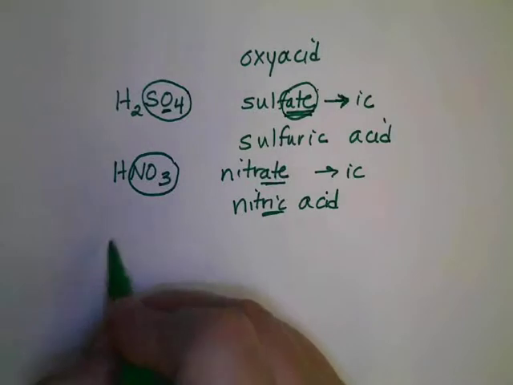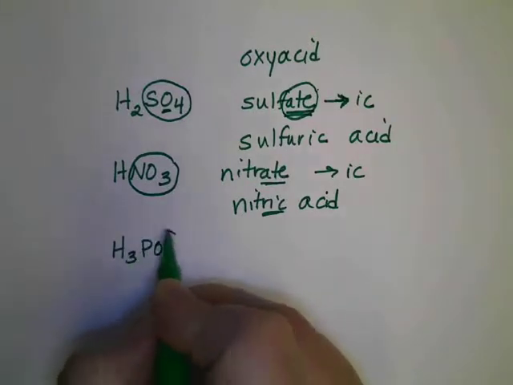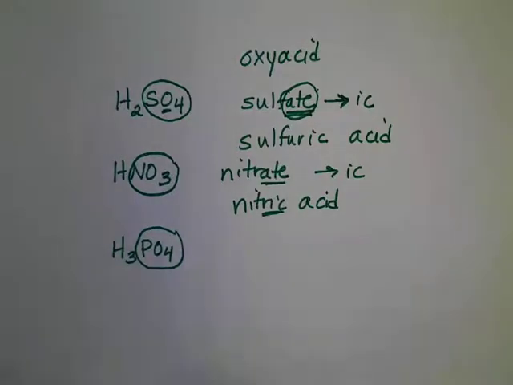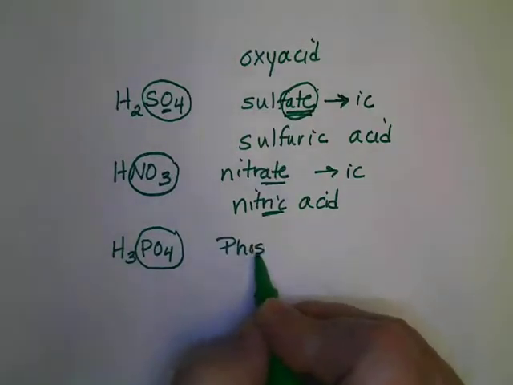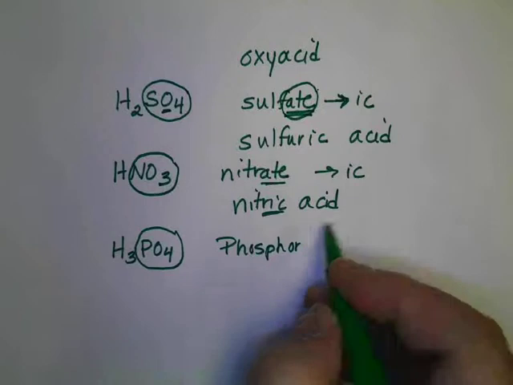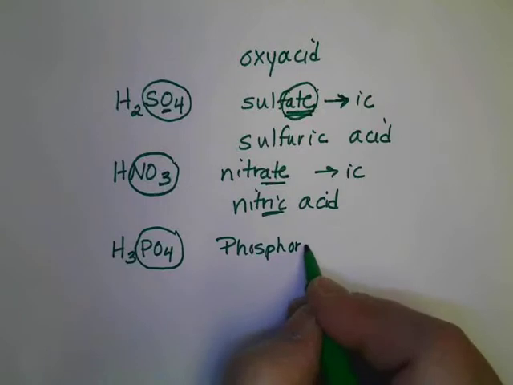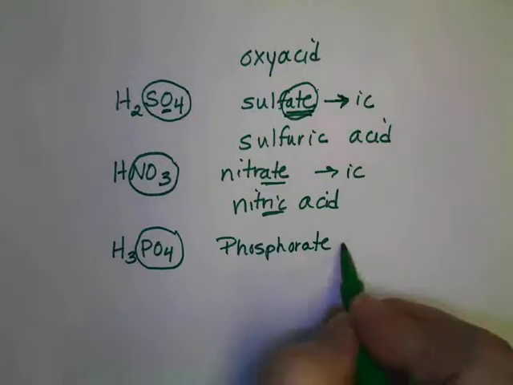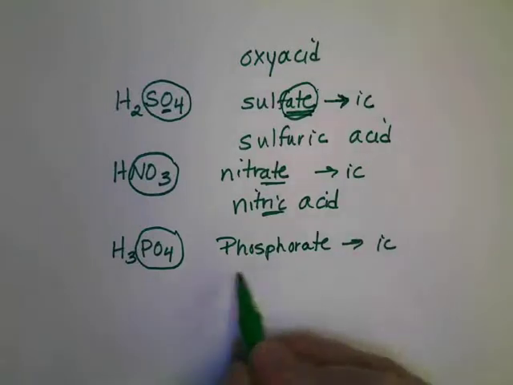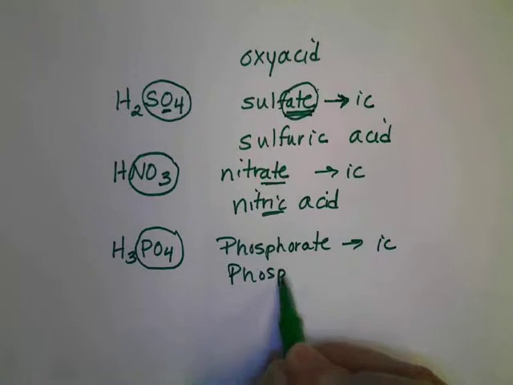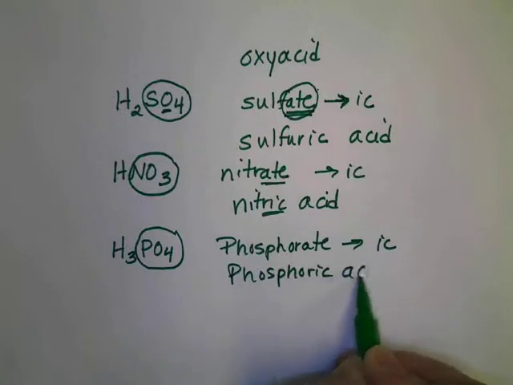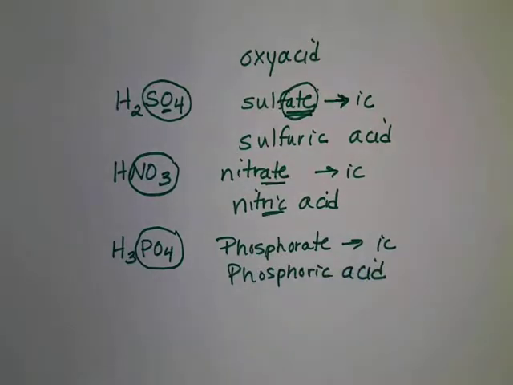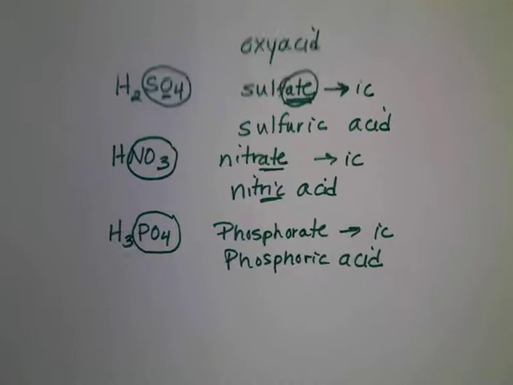I could have H3PO4, and again, I'd have to know that this polyatomic's name is phosphate. Good. And I'm going to change the ending to ic, and so I get phosphoric acid.